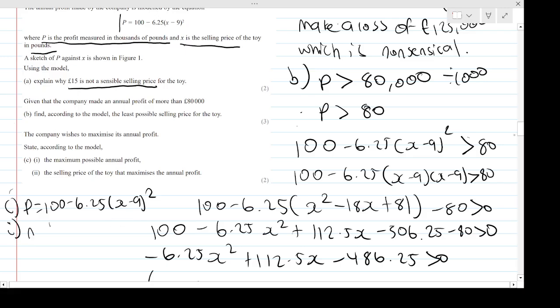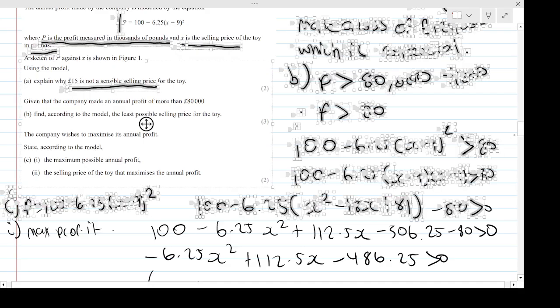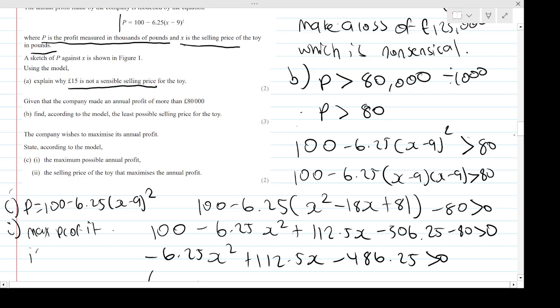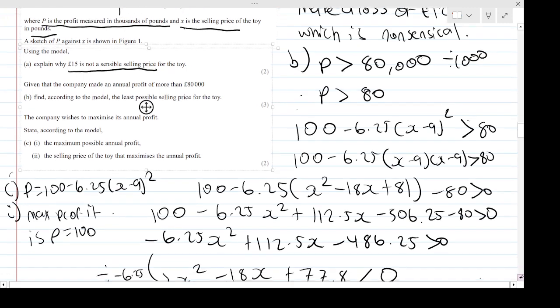So the max profit, if the whole bracket is equal to 0, that means it's simply the 100 at the end. So max profit is going to be 100. So P is 100. However, P is in thousands of pounds again, remember? So to get it as an actual number, we need to times by 1,000.